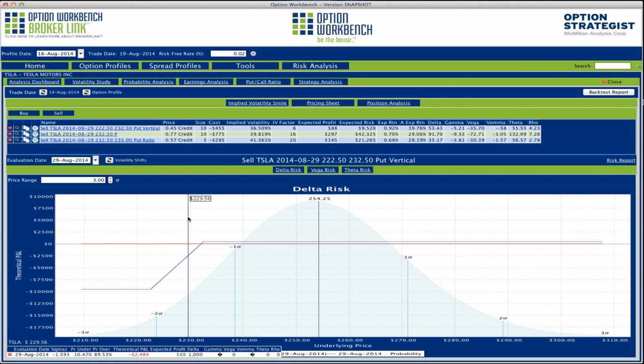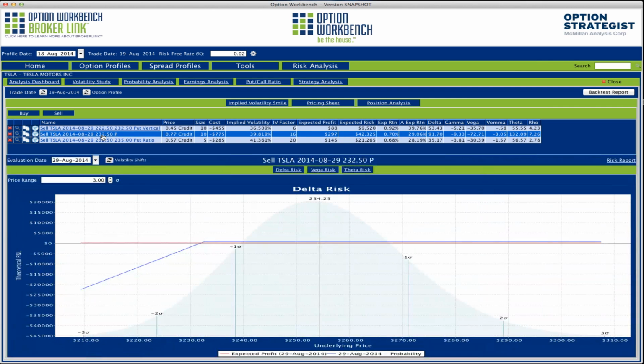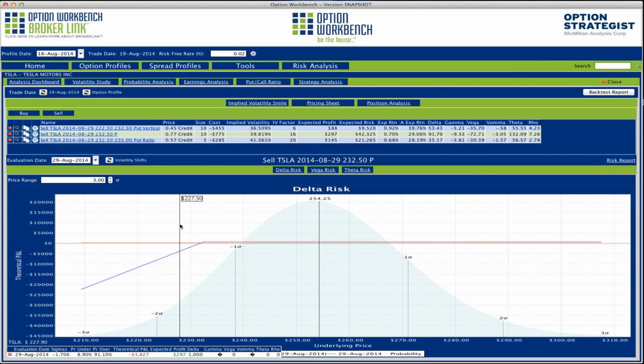I'm down like 2,500 bucks on that 10 lot. And on the naked put, just for comparison, at 229.5, well, it's a little better than the put vertical. I'm still not a happy camper, being down around $2,000.